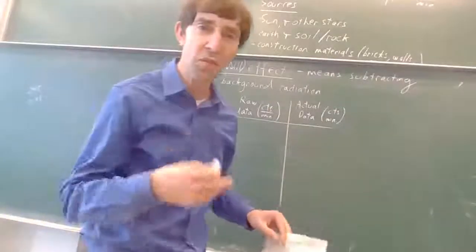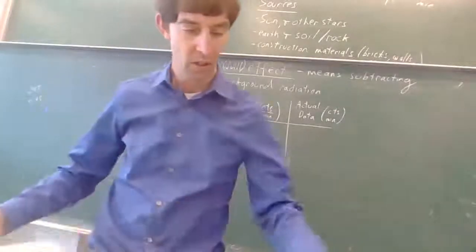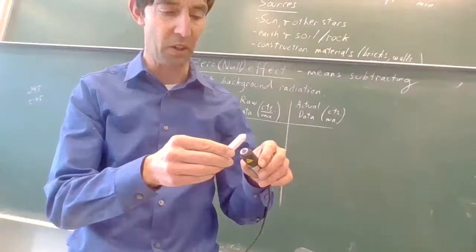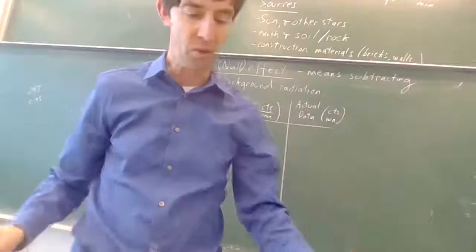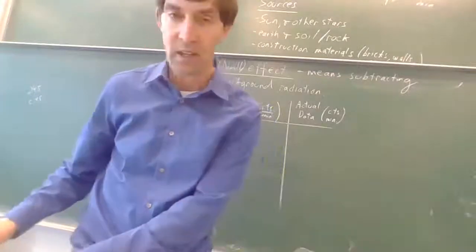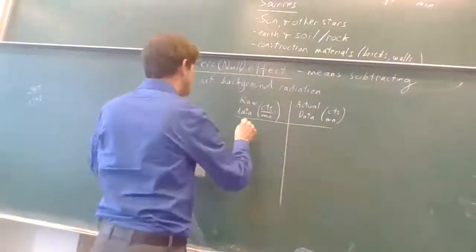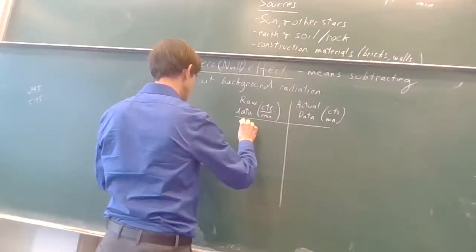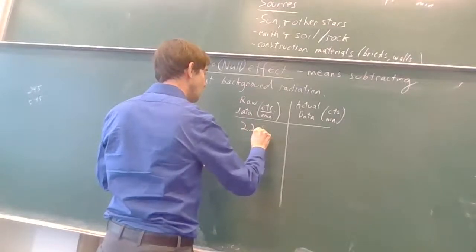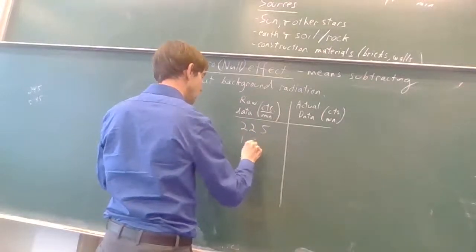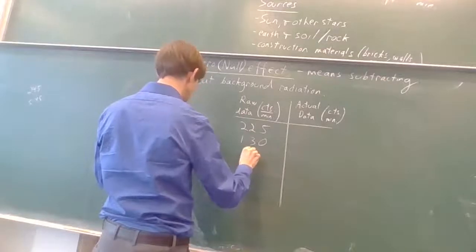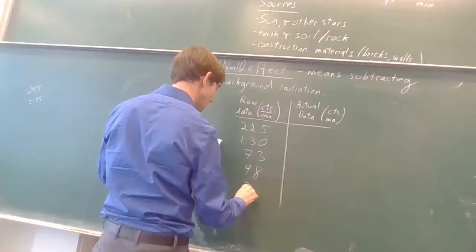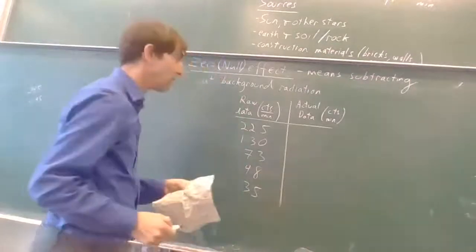So let's say you do a measurement, and maybe I measure the radioactivity of a piece of chalk or something. I have this very close and I measure it for a certain amount of time. And here's my raw data: 225, 130, 73, 48, 35.